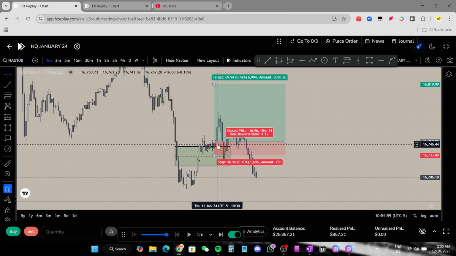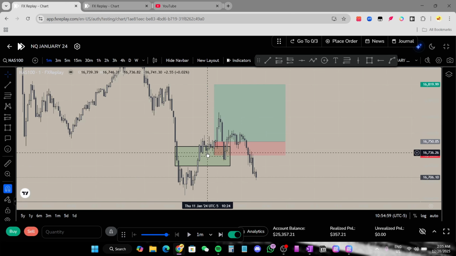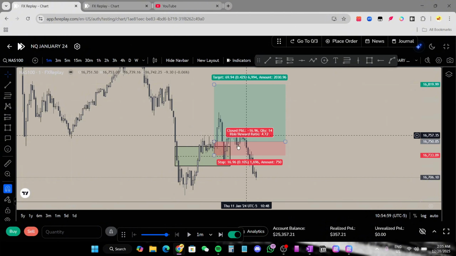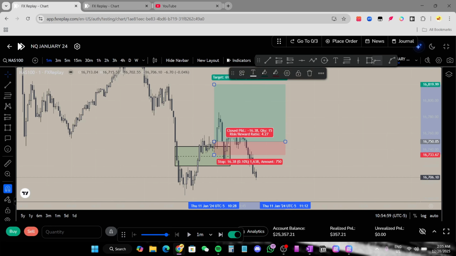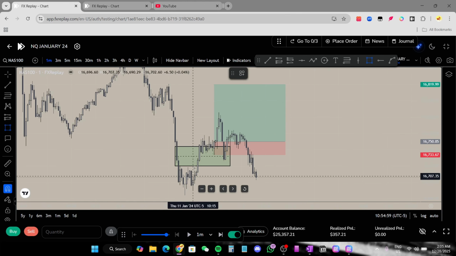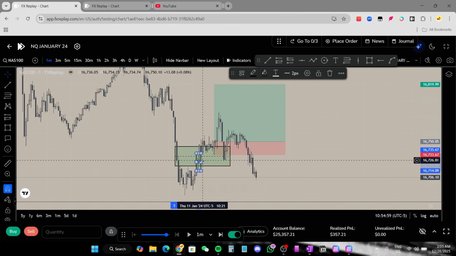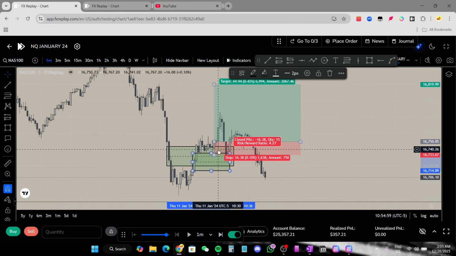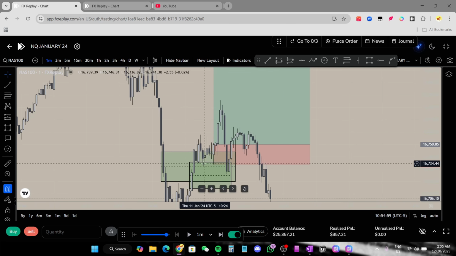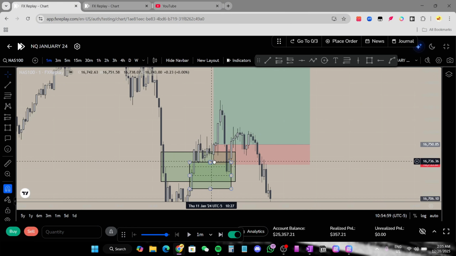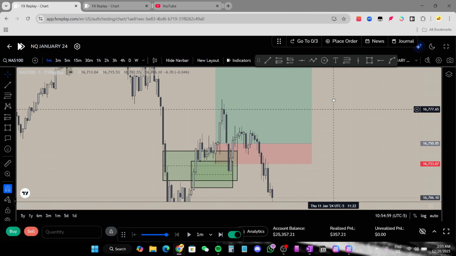So basically, we chop. And wait, let me remember, what do we do here? Oh yeah, I waited for the pullback to the fair value gap. Let me show you. I waited for a pullback to this fair value gap, which we had exactly there, right? Sweep of internal liquidity, and then I thought it was going to go higher.